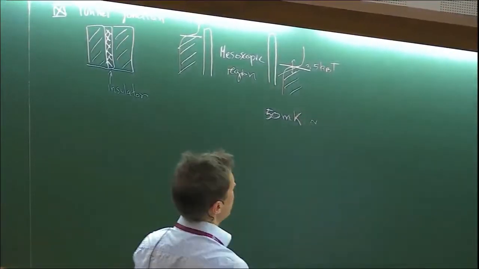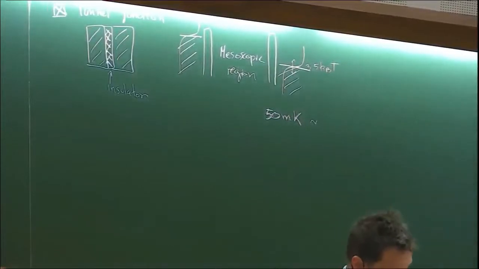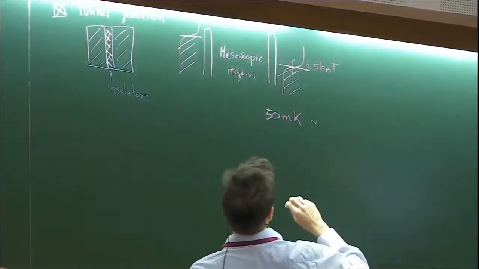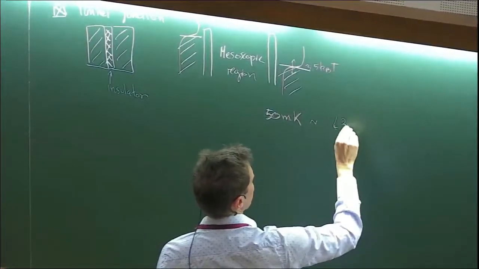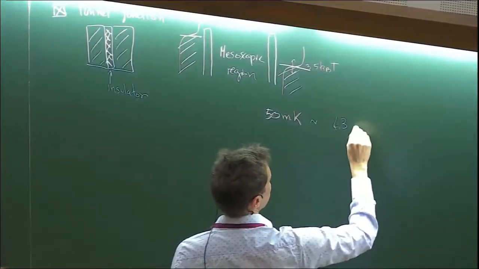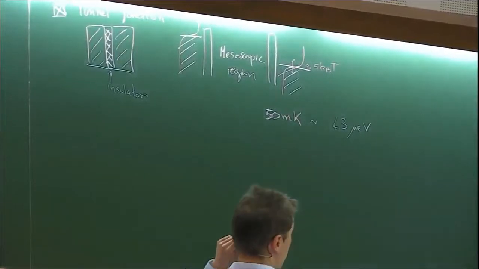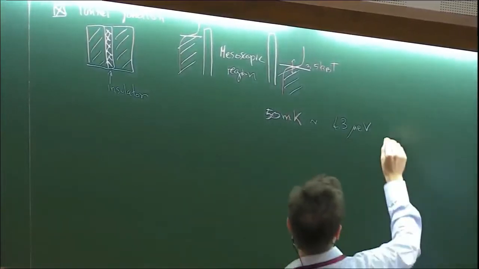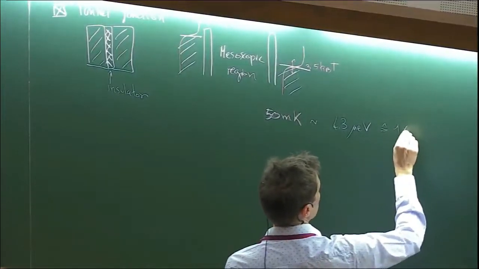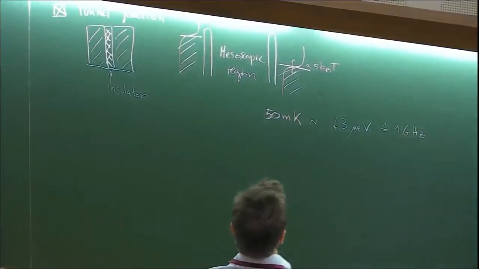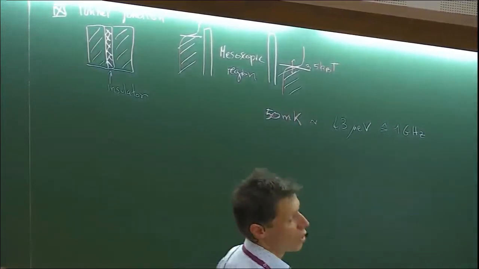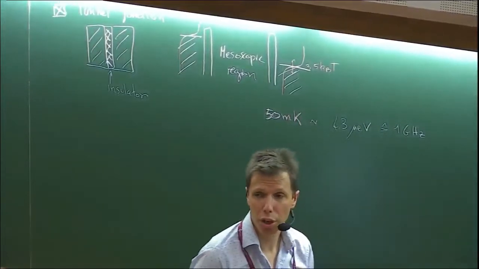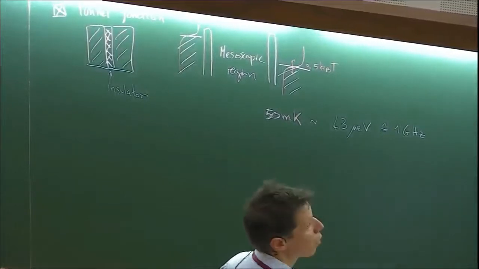This would correspond to a kBT of about 4.3 micro eV, which is about 1 gigahertz. Which means that any bias larger than that will give you a natural energy scale, which will also be in the microwave range.